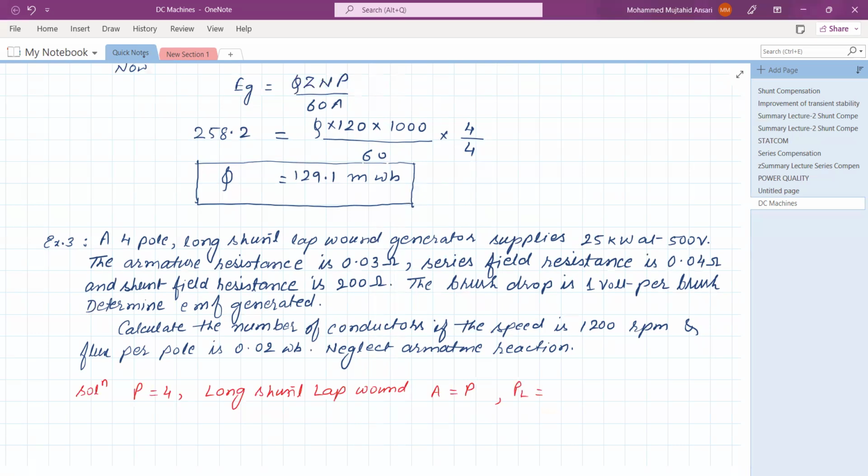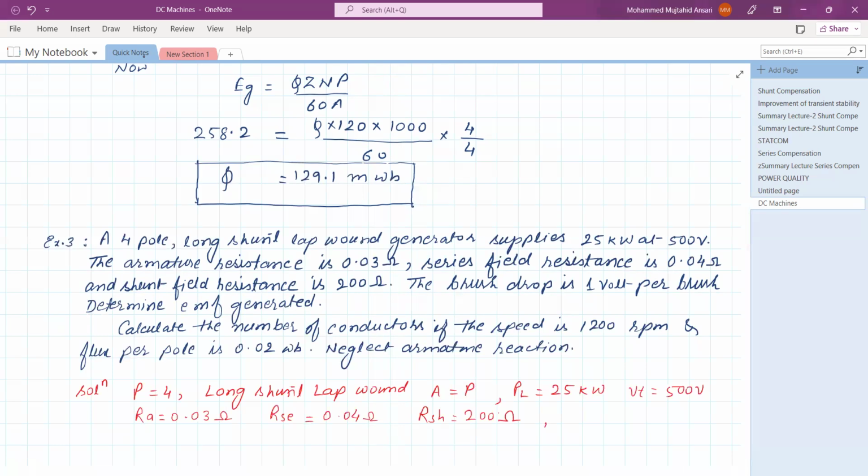The load PL is given as 25 kilowatt, at a terminal voltage of 500 volt. The armature resistance RA is equal to 0.03 ohm, whereas the series field resistance RSE is equal to 0.04 ohm, and the shunt field resistance RSH is equal to 200 ohms.